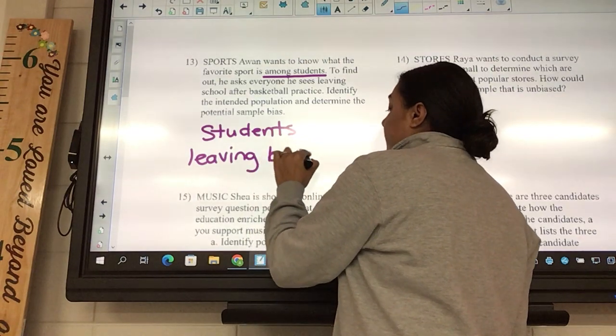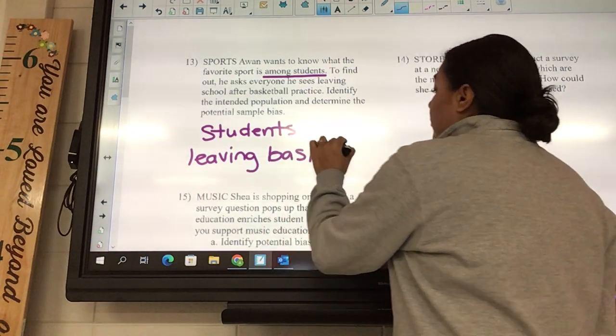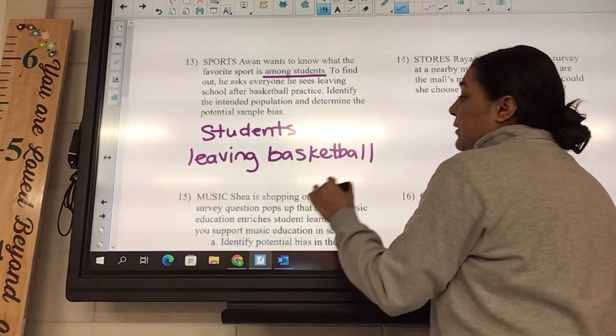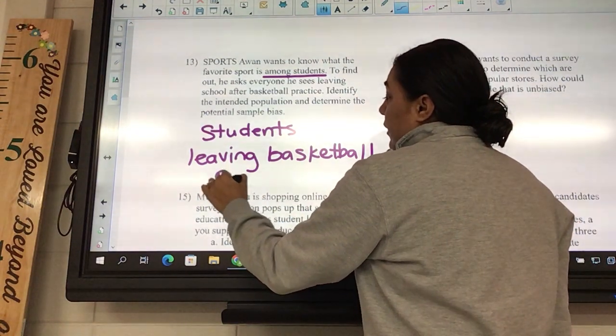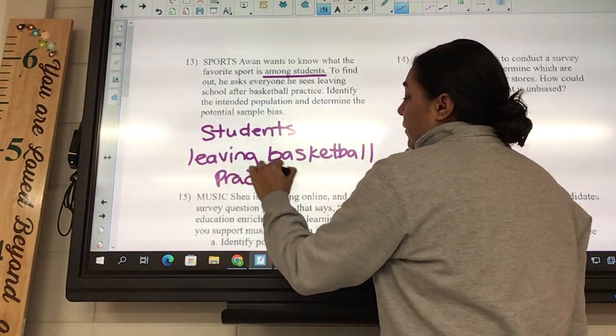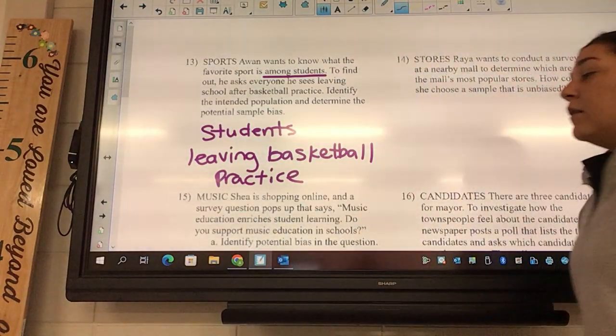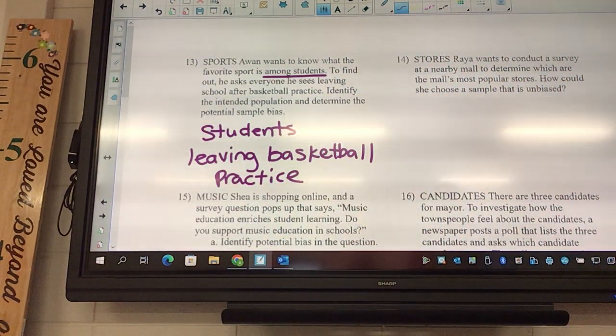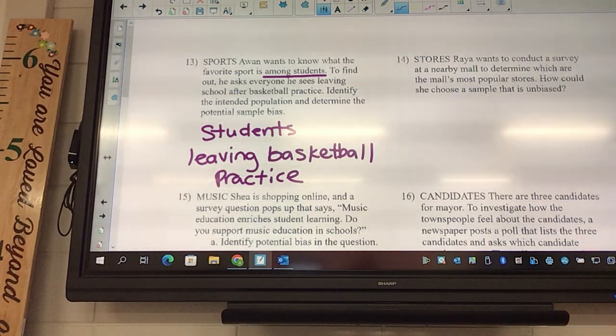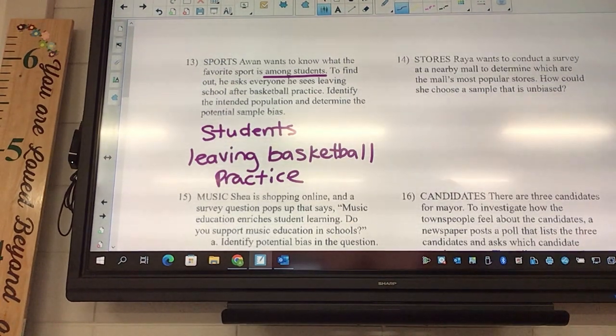At the gym, as students enter the building, as they enter the cafeteria. Any of those would be sufficient. So if it's one of those questions and asks you, how can we make this an unbiased sample? Those would be some examples of how you could do it unbiasedly.